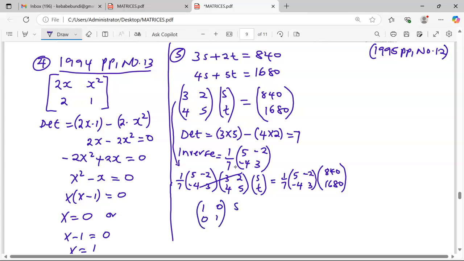We are going to have S and T equal to 1 over 7 into 5 times 840, which gives us 4200, plus negative 2 times 1680, which gives us minus 3360. Then negative 4 times 840 gives us negative 3360, plus of course 3 times 1680, which gives us 5040.